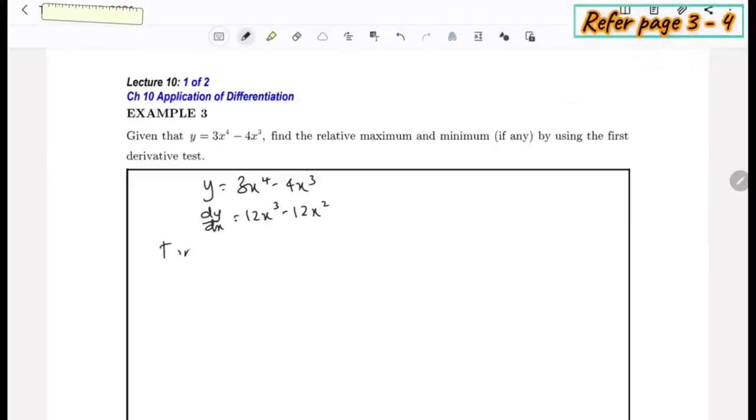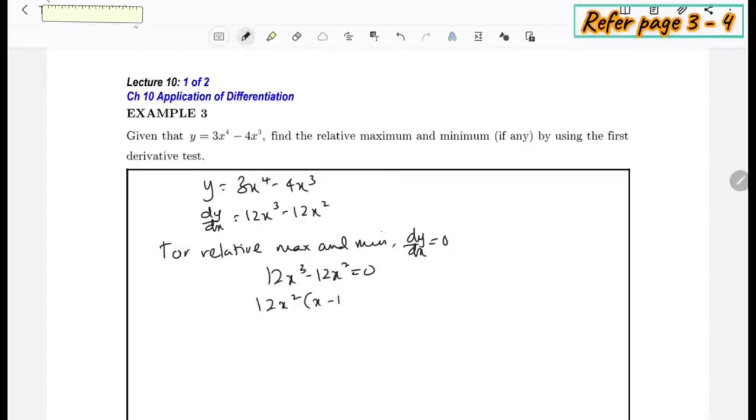For relative maximum and minimum, dy/dx equals 0. So 12x cubed minus 12x squared equals 0. Factorize 12x squared, (x minus 1). So we have x equals 0 or x equals 1.